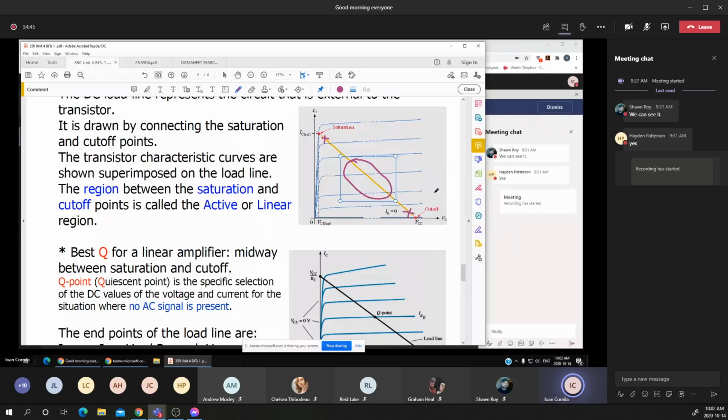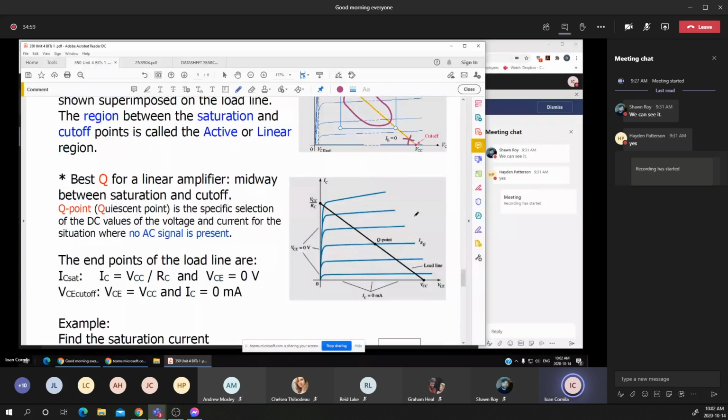This means that there are limitations in the applied current on the base if the transistor is close to the saturation region or close to the cutoff region. The best practice, and keep in mind that the best Q point, most of the time, as I mentioned, is midway between the saturation and the cutoff.